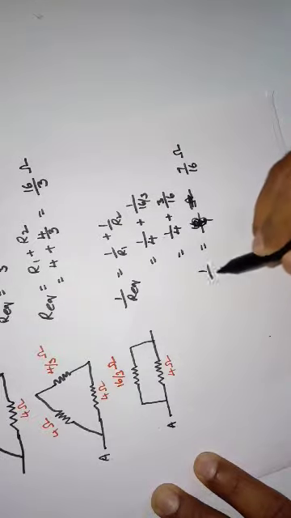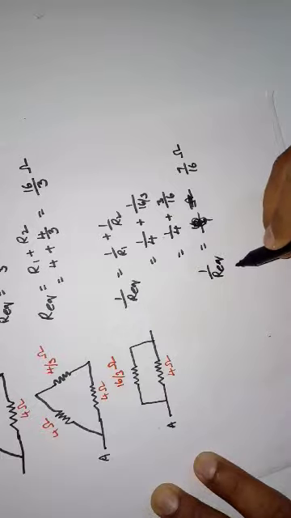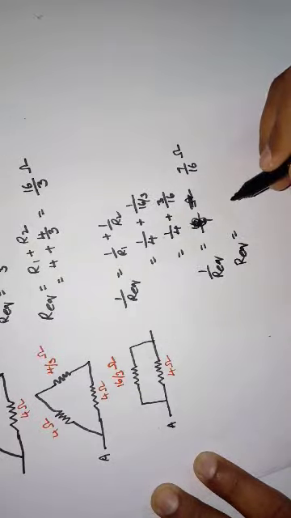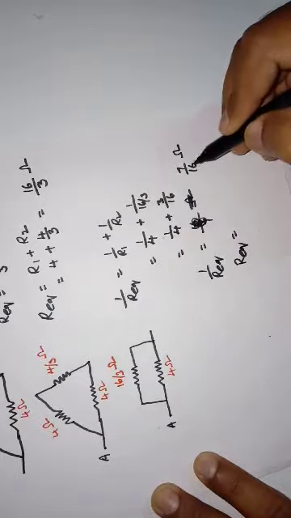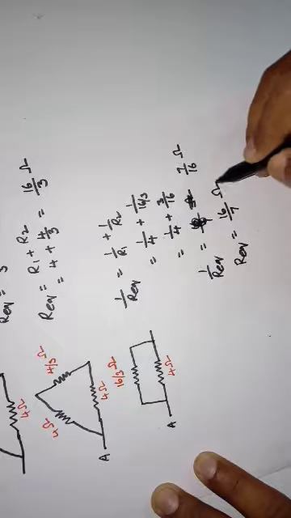Now this is the value of 1 by R equivalent, and we want R equivalent, so we need to take the reciprocal of this, that is 16 by 7 ohms.